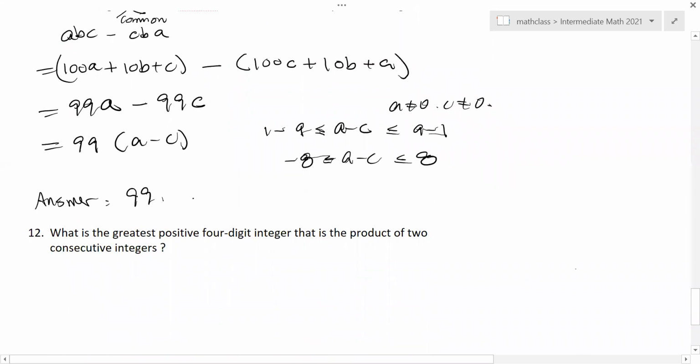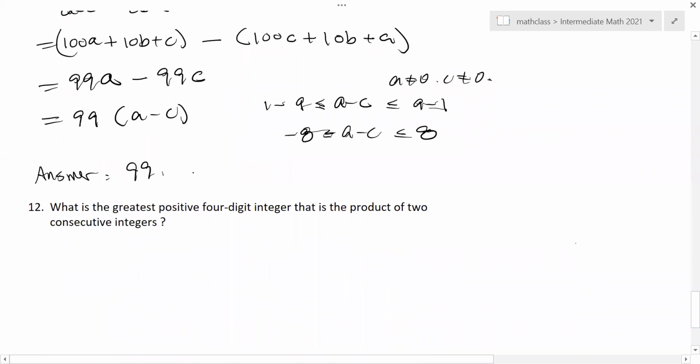All right, so now take a look at the next problem. What is the greatest positive four-digit integer that is a product of two consecutive integers? So consecutive integers, so k times k plus 1, right?